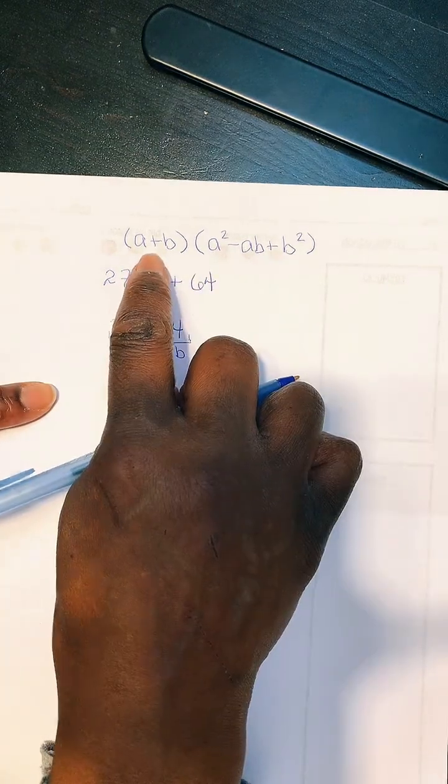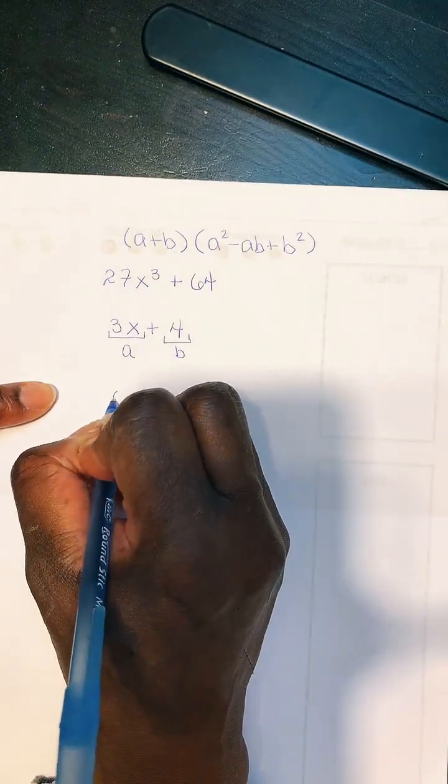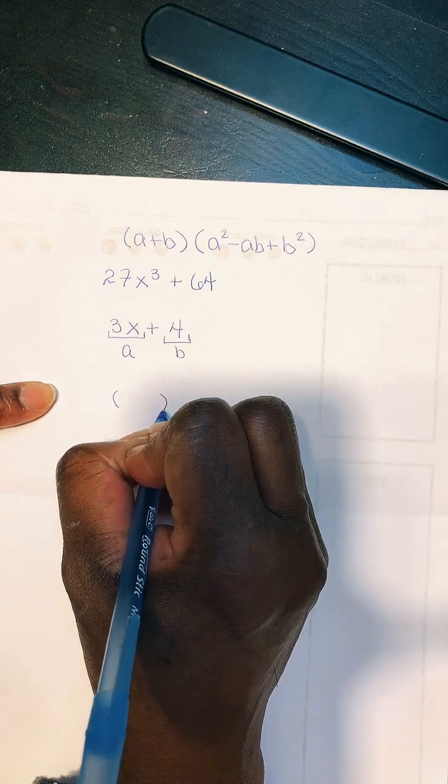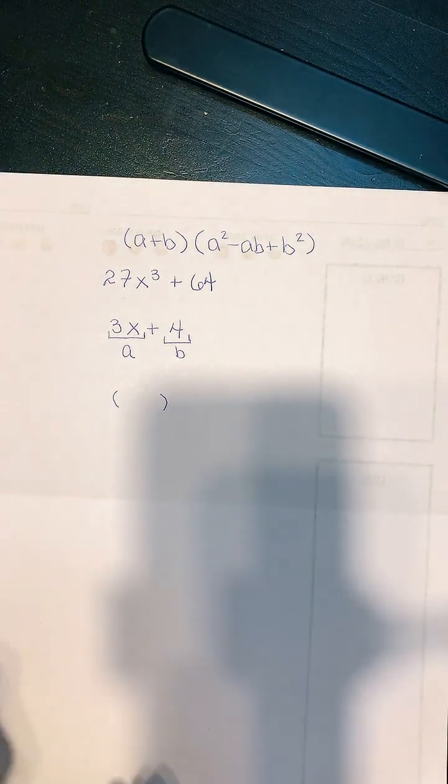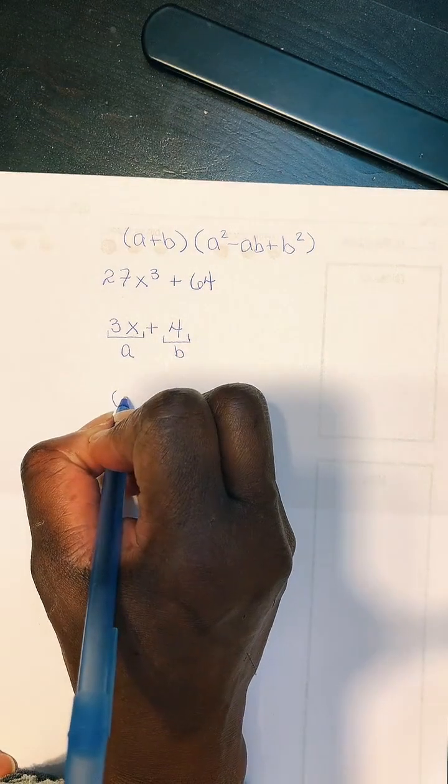So that means the first parenthesis is going to be what? Okay, yes. There we are. So 3x and what else?